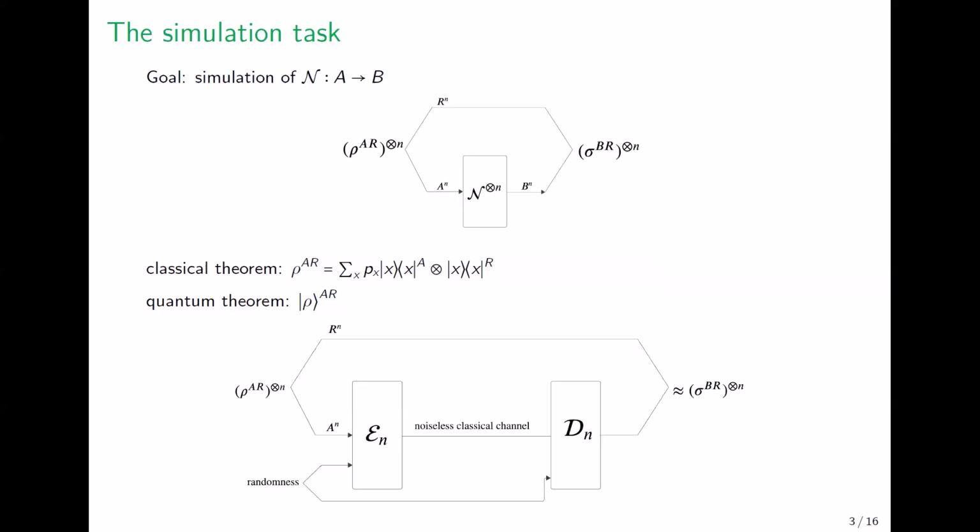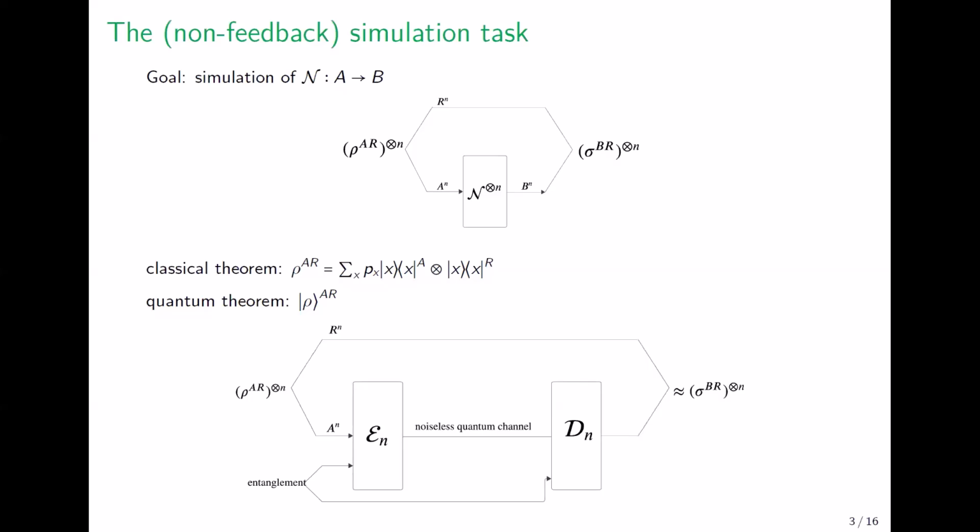The aim of the whole process, assuming that the encoder and decoder share free randomness, is to construct this specific state that is already defined by applying this channel. In the classical case of the reverse Shannon theorem, there is this specific structure: we have this rho_AR of this specific form.